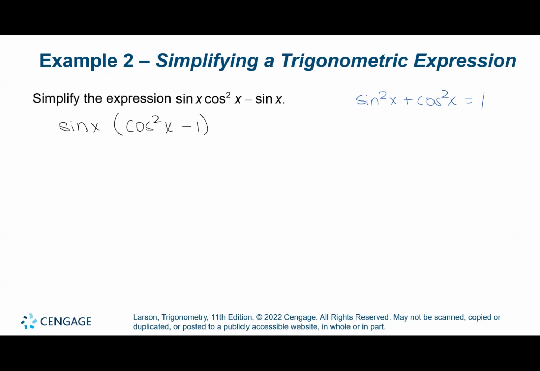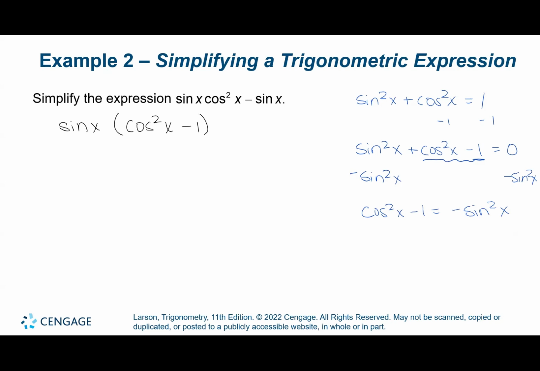They've got this minus 1, so maybe I could just subtract the 1. Let's see, if we subtract 1 on both sides, I put 0 over here. Okay, so now I've got what I'm looking for right here. It just doesn't have the sine on it. So let's subtract the sine squared off. So now I have cosine squared minus 1 equals 0 minus sine squared, which would just be a negative sine squared x.